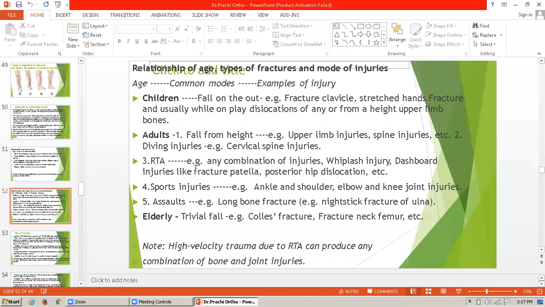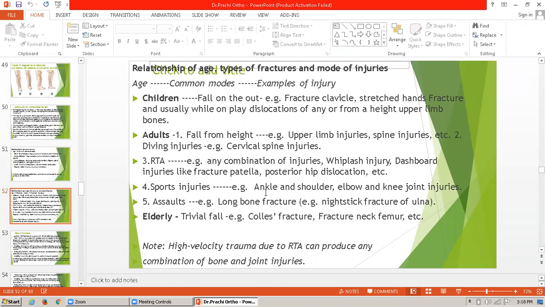In adults, when they fall from a height, there is upper limb injury, spine injury, diving injury, that is cervical spine injury. In RTA, that is road traffic accident, any combination of injury, whiplash injury, dashboard injury like fracture patella, posterior hip dislocation, etc., can be seen.